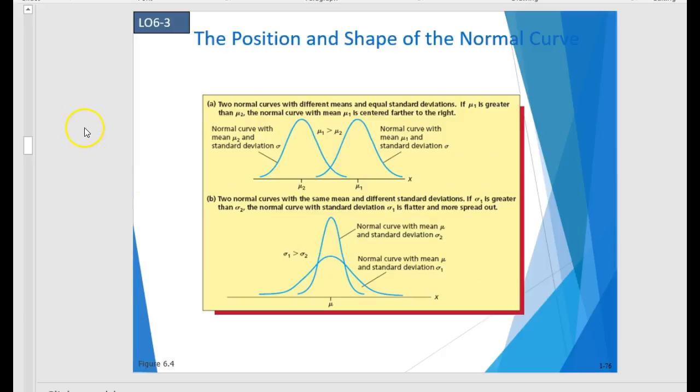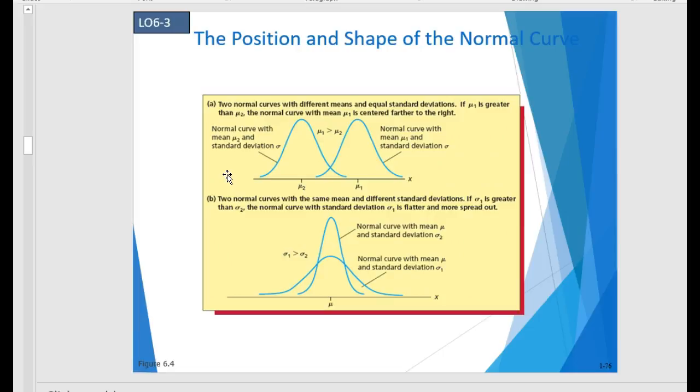This is just talking about the position of the curves. The higher the mean is, the more shifting occurs. And then the taller a curve is, the smaller its standard deviation.